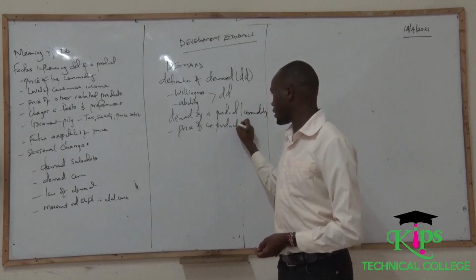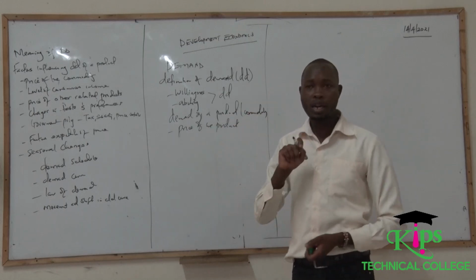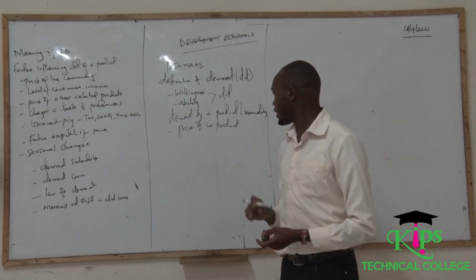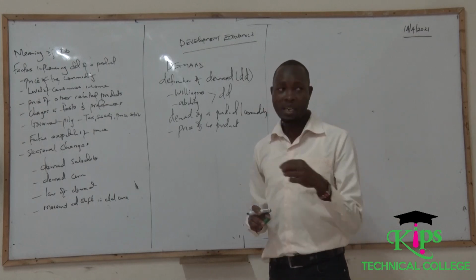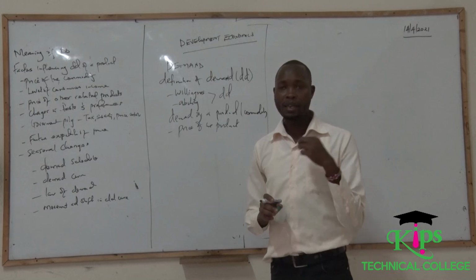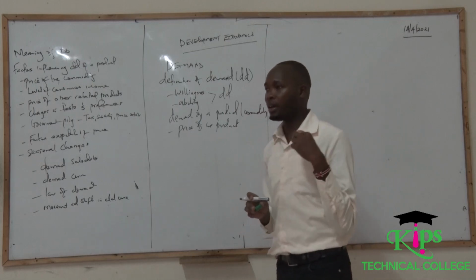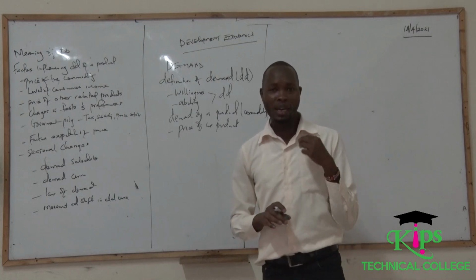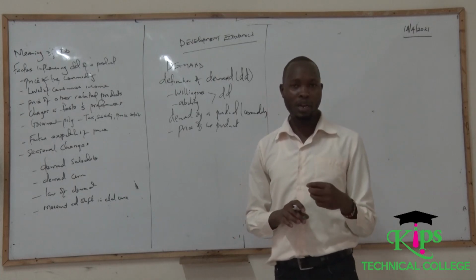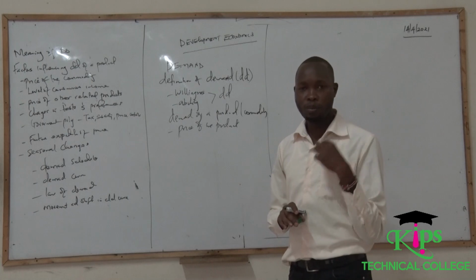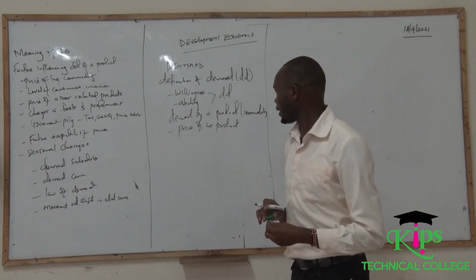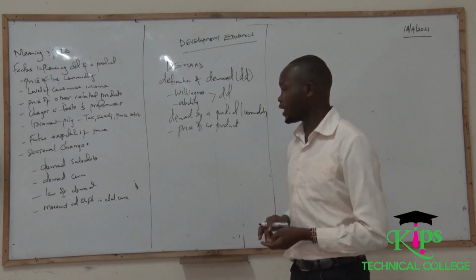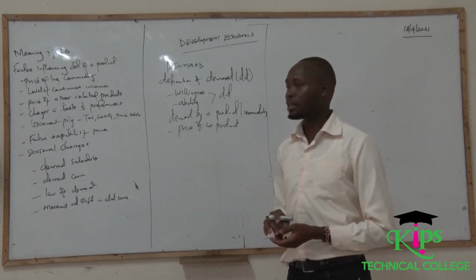The price is a great determinant of what you are going to consume. If the price of a product is high, you are likely to consume less of it. If the price is not expensive, you are going to consume more of it.